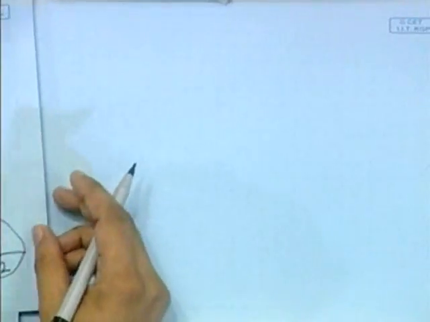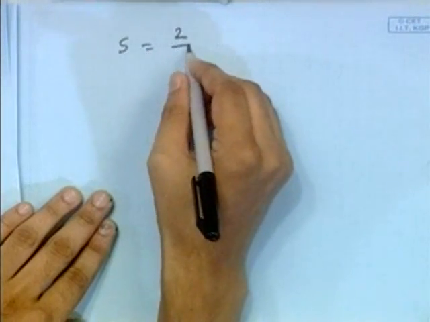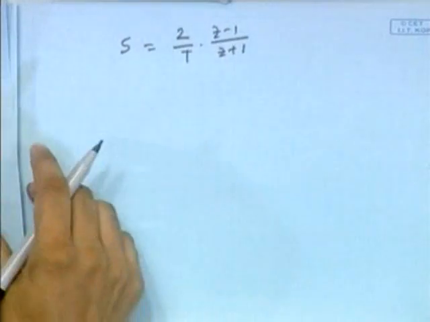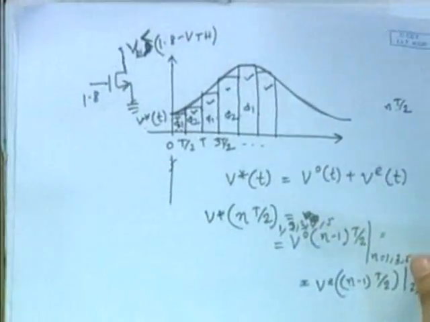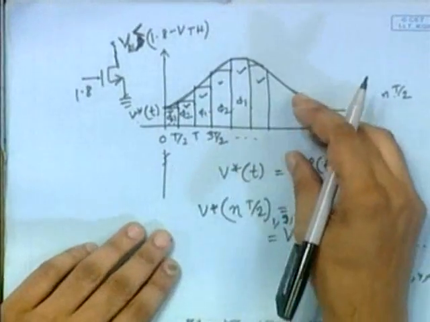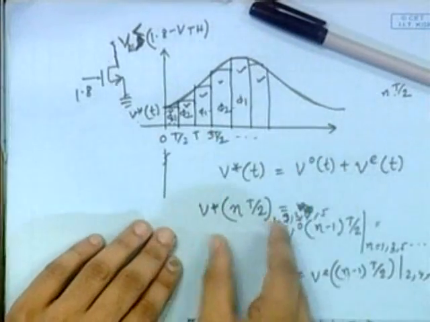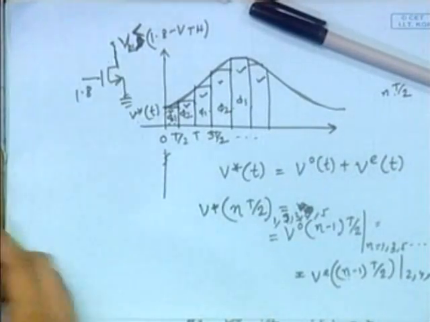So this is the bilinear transformation, that s is equal to 2 by t times z minus 1 by z plus 1. So what we do: first we take the signal, after that we break the signal into the even function and the odd function. This is the switch capacitor block.